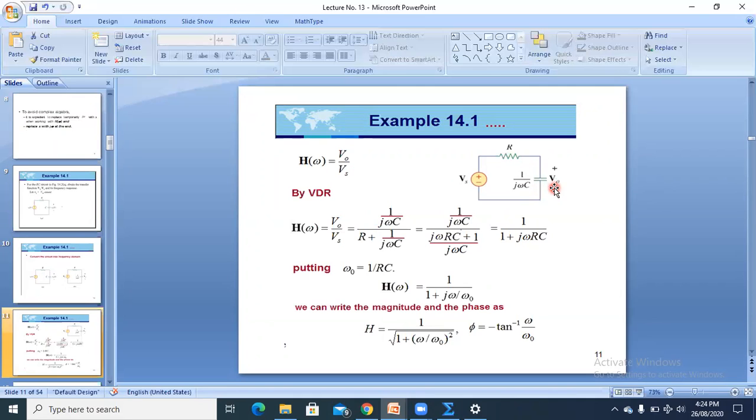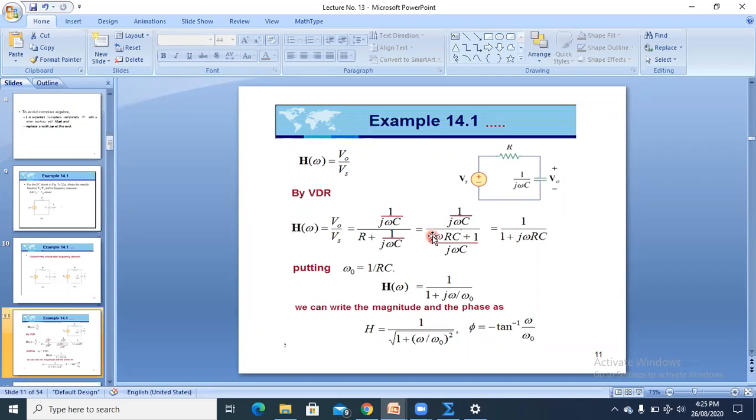So V out is equal to Vs into 1 by j omega C divided by the total impedance. When we divide V out by Vs, we have this term left, and this is the frequency response of the circuit.